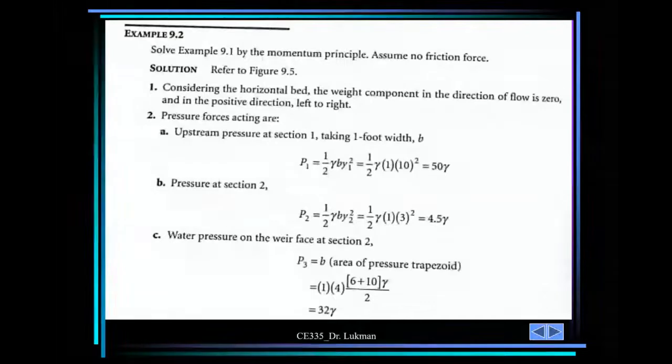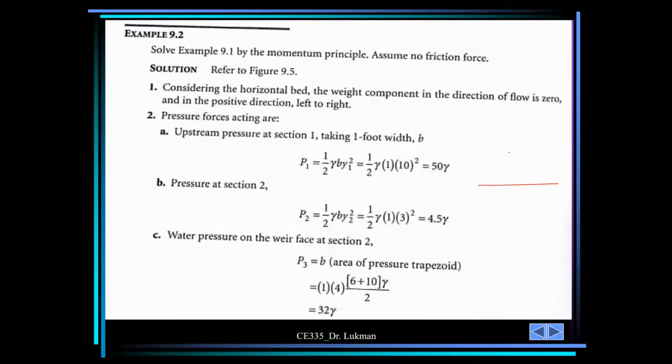But considering the horizontal bed, the weight component in the direction of flow is 0, because the weight will be vertical in that case. It will not have a horizontal component since the bed is horizontal.